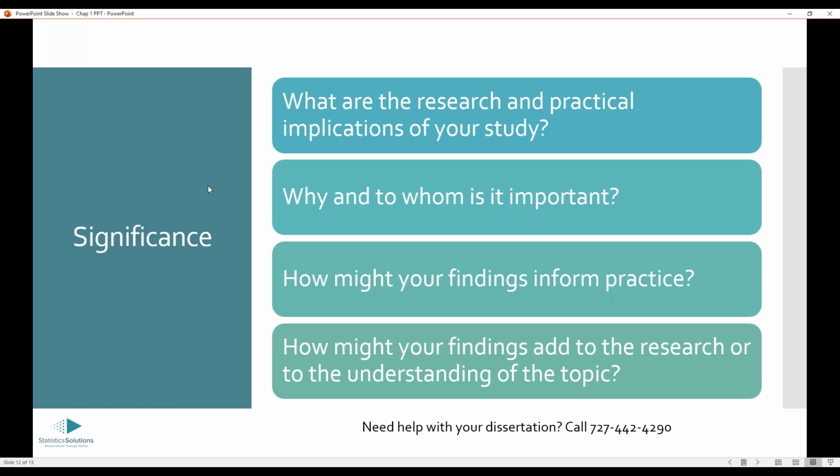Significance. Professors like to call this the so what section of the chapter. So in other words, you have something you're looking at, based on a research problem. We don't have a certain kind of information or knowledge about a subject. That's the research problem.